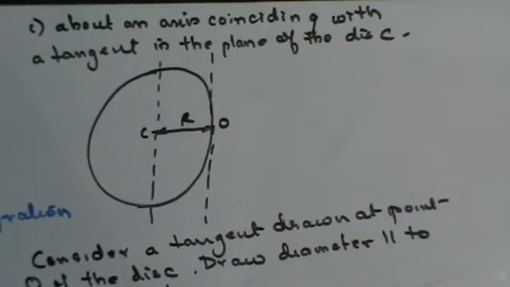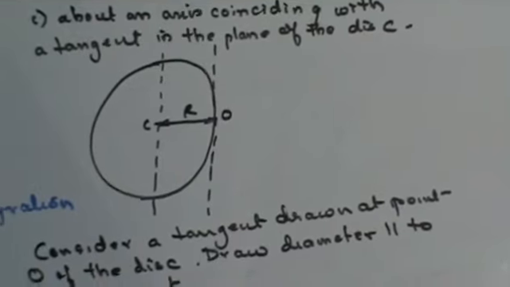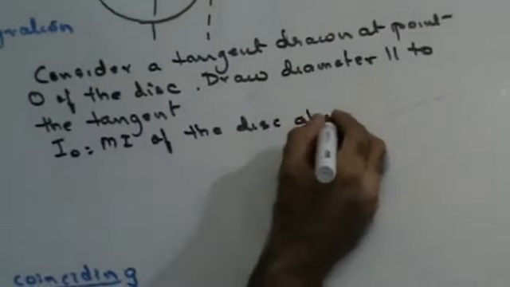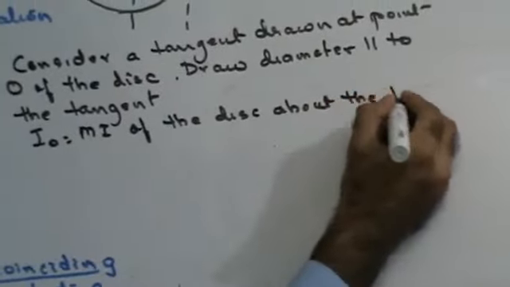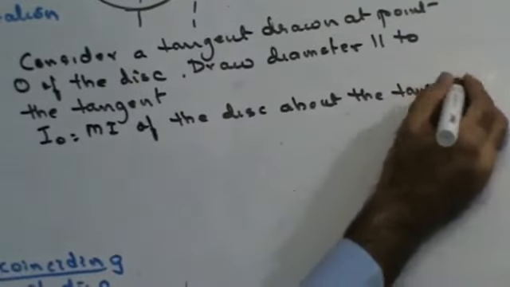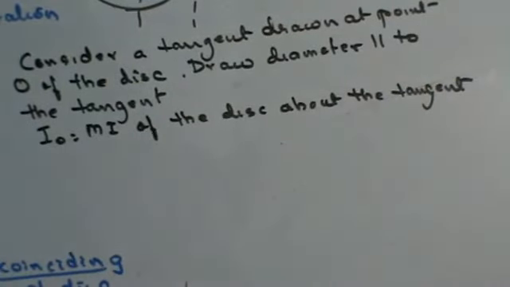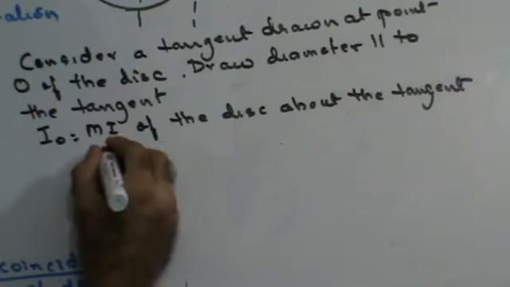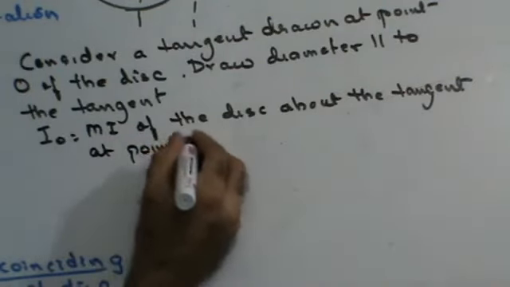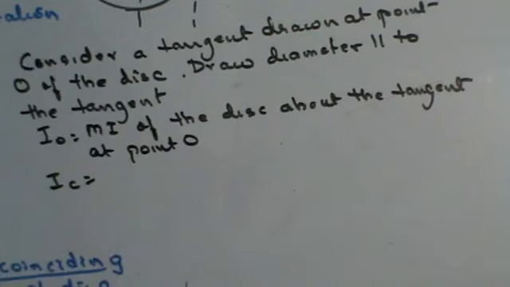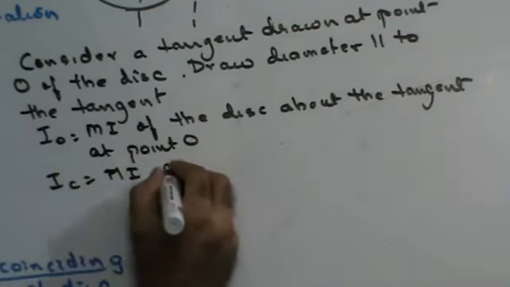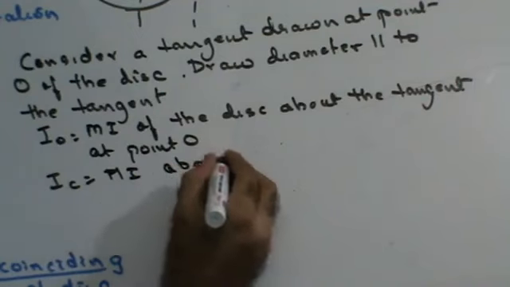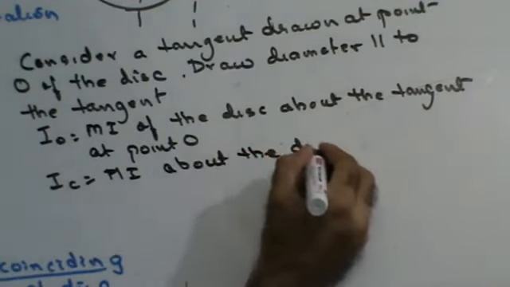Let us also assume the tangent is at point O. Let's assume that IC is the moment of inertia about the diameter.